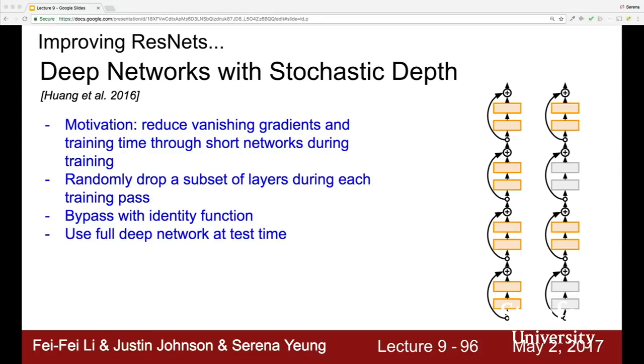So their motivation is to have short networks during training. They use this idea of dropping out a subset of the layers during training. For a subset of the layers, they just drop out the weights and set it to the identity connection. Now you have these shorter networks during training, you can pass back your gradients better, and it's also a little more efficient. It's kind of like dropout, which has a flavor you've seen before. Then at test time, you want to use the full deep network that you've trained.